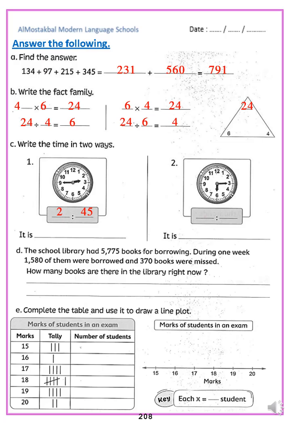So the time is 6:15. The first clock, the time is 2:45. The second, 6:15.